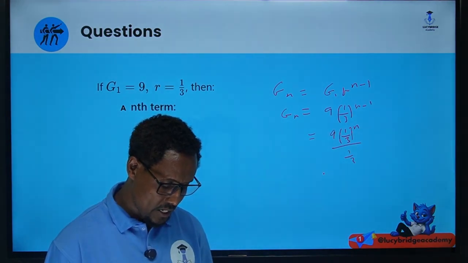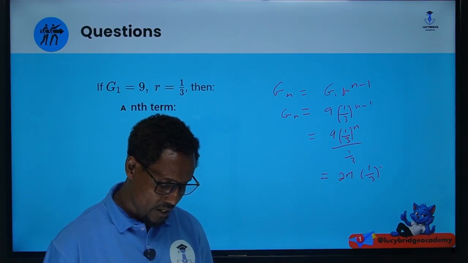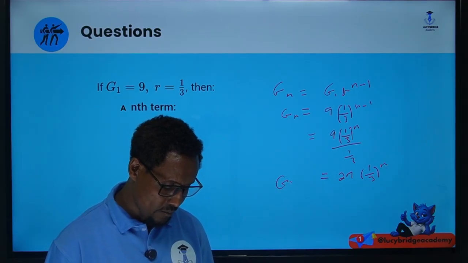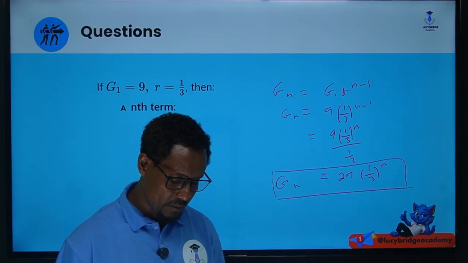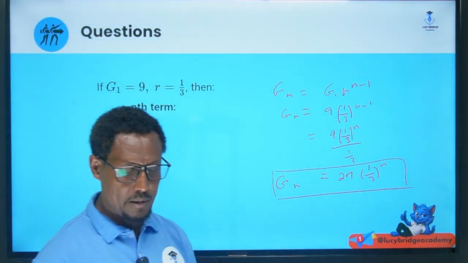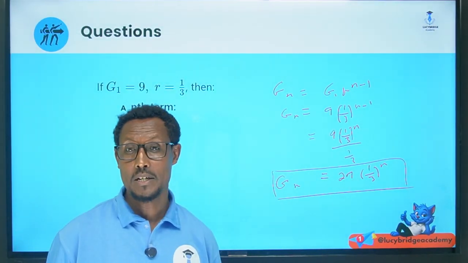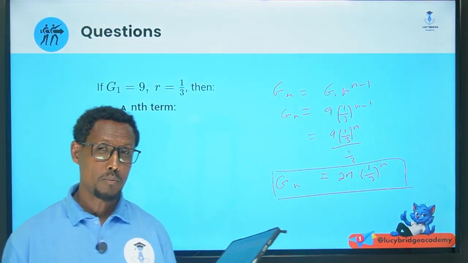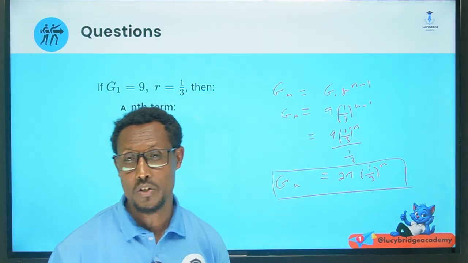This means 3 times 9, which is 27, times 1/3 to the power of n, and this will be the nth term or the general term of the given geometric sequence, okay? Gn is equal to 27 times 1/3 to the power of n, the general term of the geometric progression whose first term is 9 and the common ratio 1/3.